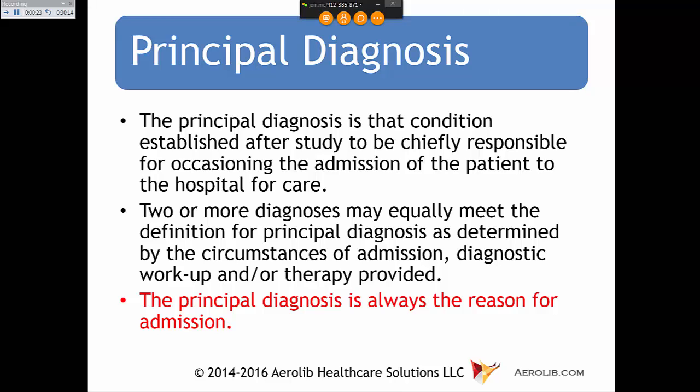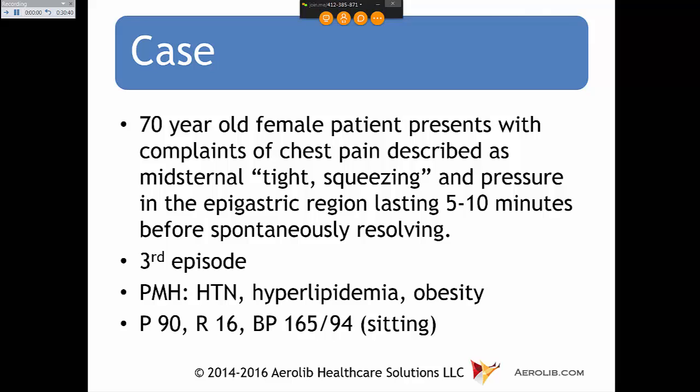So say you have someone with chest pain, non-ST elevation MI, and you also found they have a DVT or leg swelling that you've started treating. The reason why this patient is in the hospital is for the chest pain, MI, scheduled for a cath. The DVT needs to be a secondary diagnosis because, one, it doesn't always need a hospitalization. DVTs can be managed on an outpatient basis also.